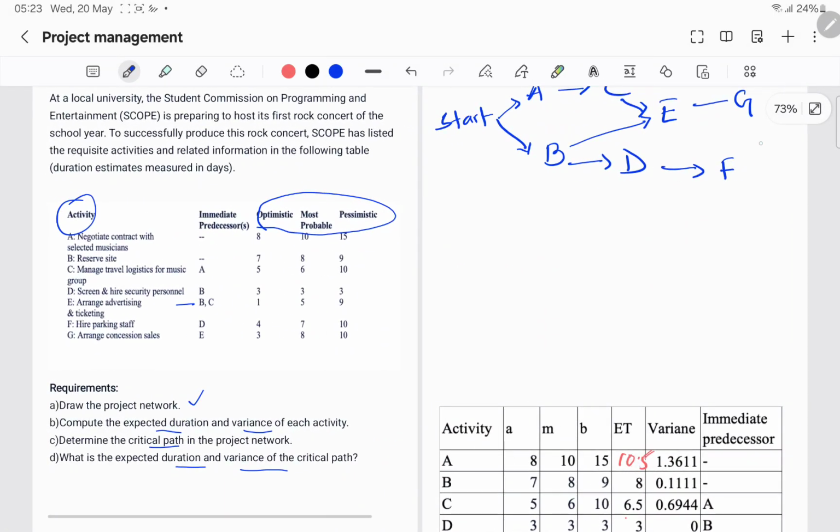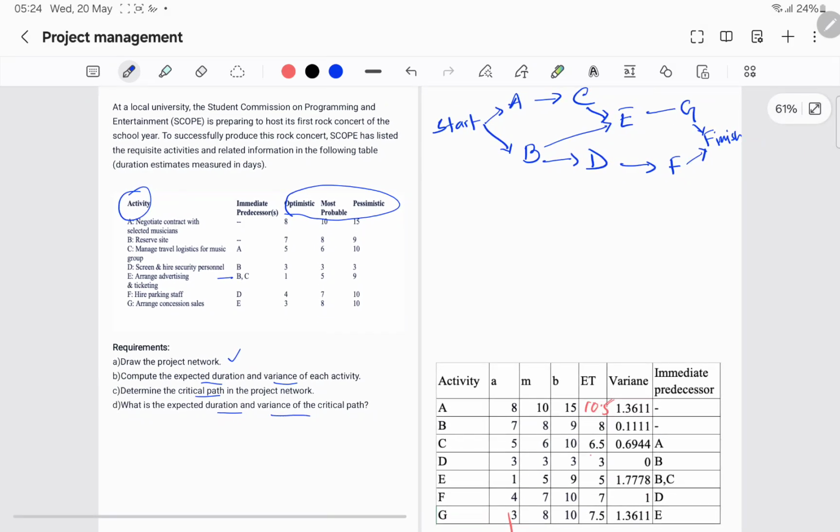Once we are done with activity F and G, our project is done. So we can write finish here. This is our project network.